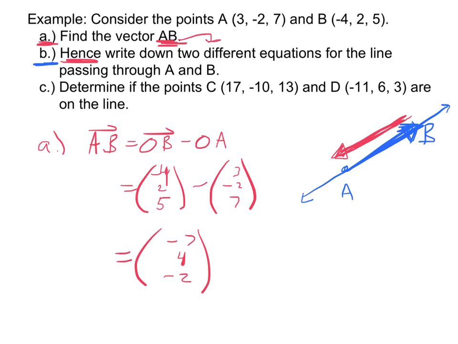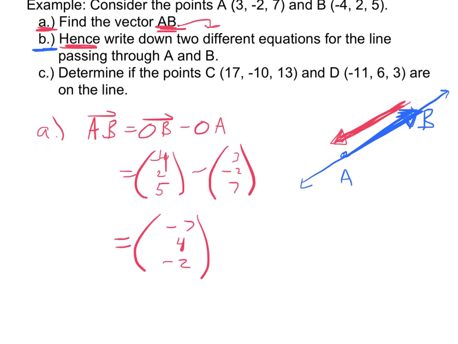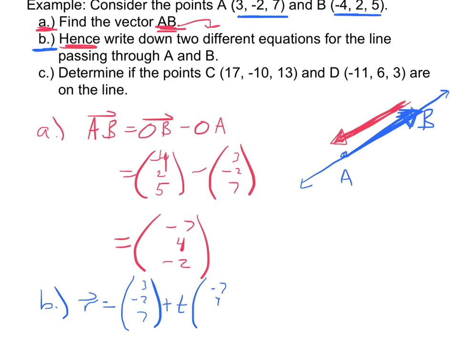Okay? So we'll do that next. We're supposed to write two different equations. So I can get two different equations by using these different points. So for one of them, I'll say that my point was 3, negative 2, 7, plus t times the directional vector, which is negative 7, 4, negative 2.